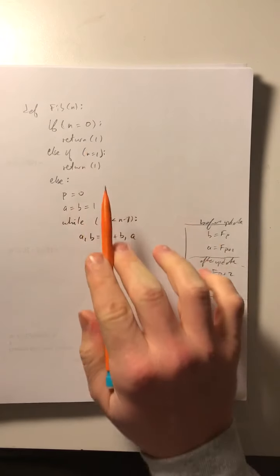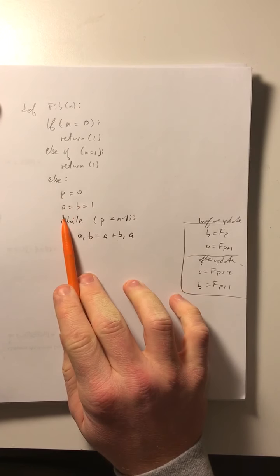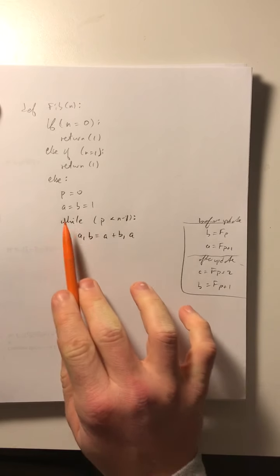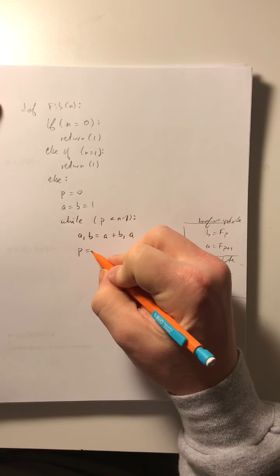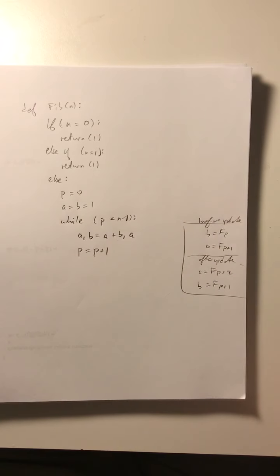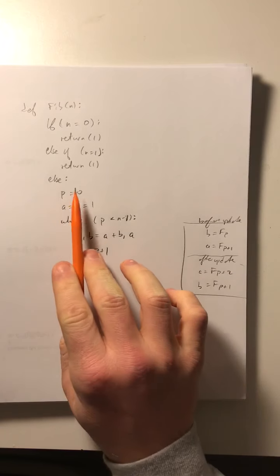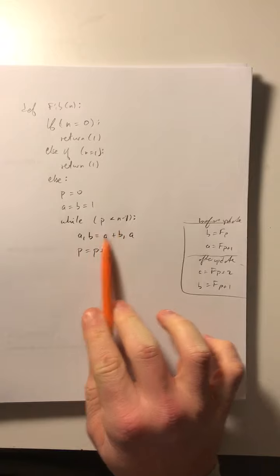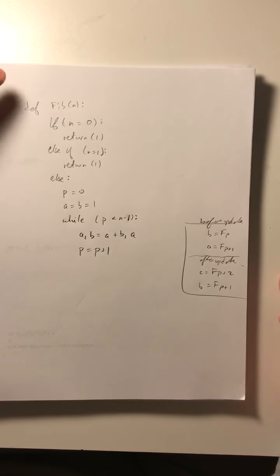So for example, if n equals 2, p is going to start at 0, a is going to be f1, and this while loop is going to go one time. Of course, I need that step where I actually increment the counter. So p starts at 0, then it goes to 1 after the first time, and if n equals 2, n minus 1 is 1. After one step, these are equal, so it doesn't do this a second time. And then I just have a is f2, and then I'm done.